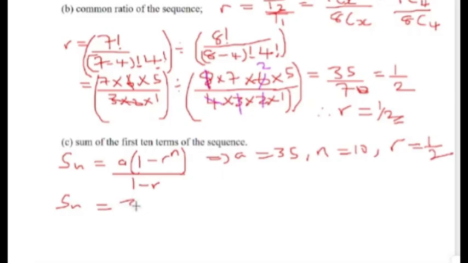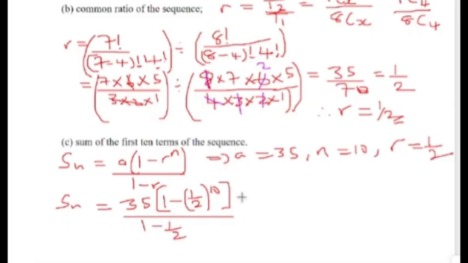Good. So 35, 1 minus half raised to power 10. Let me use square brackets for the outer one. Everything divided by 1 minus half. So what do I have here? 35, 1 minus 1 over 2 raised to power 10.